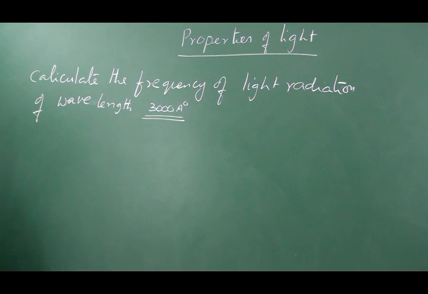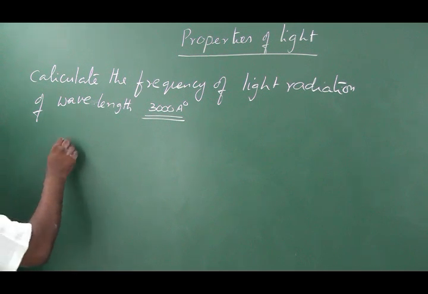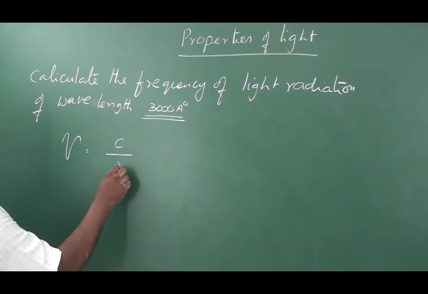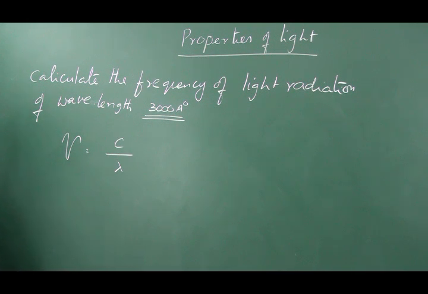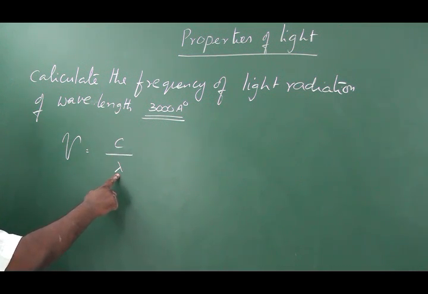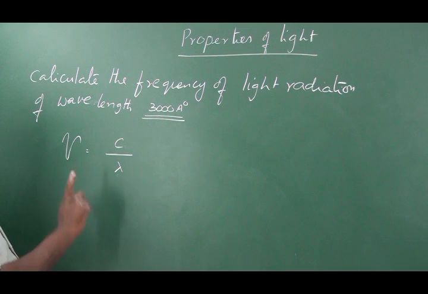Here, the relation between frequency and wavelength, which we have already discussed: the frequency of a light radiation is nu equal to C by lambda. Here, C is the velocity of light, whereas lambda is wavelength. While doing this problem, units are most important.